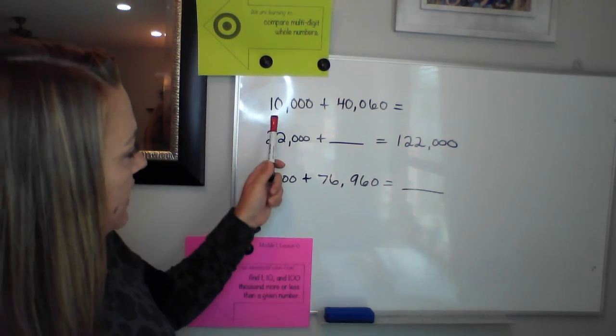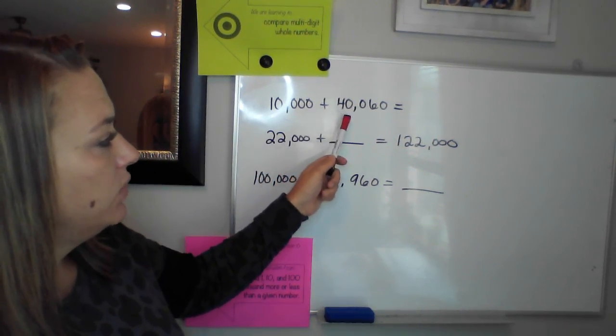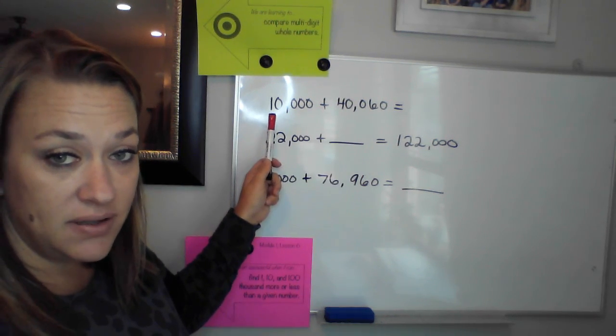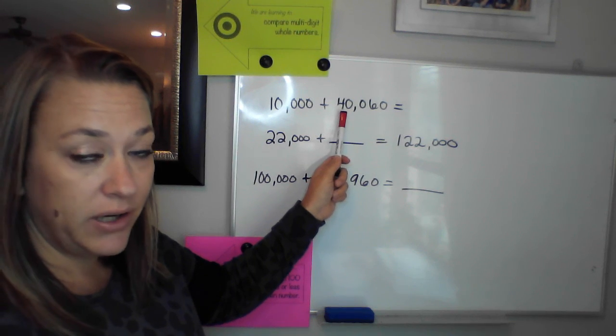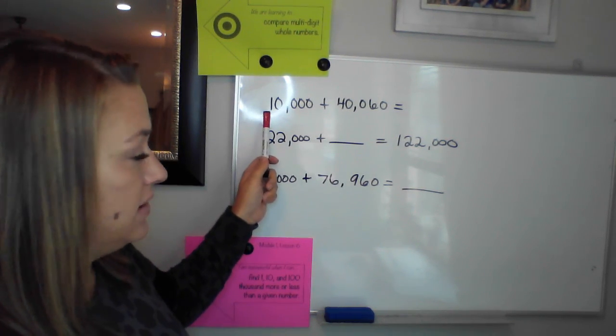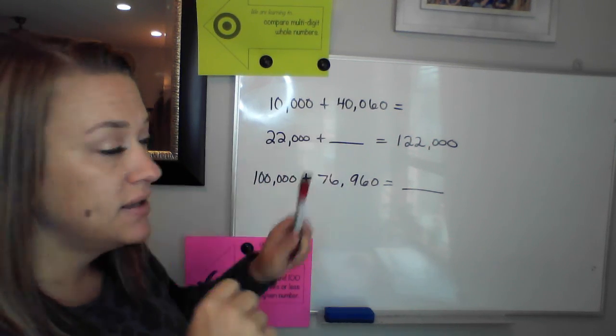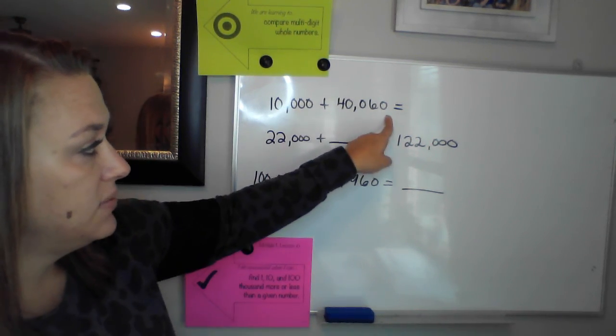So our first one is 10,000 plus 40,060. So I'm adding 10,000 to the number I already have. So I'm adding 10,000 to my 10,000s place. So which digit's in the 10,000s place?